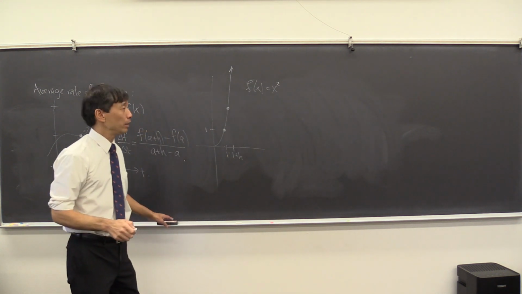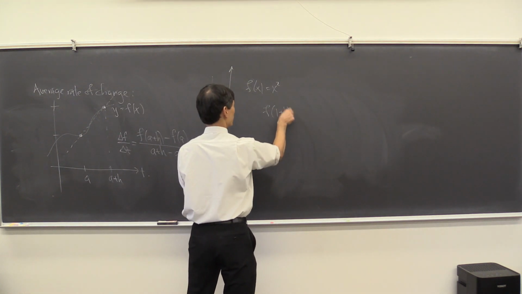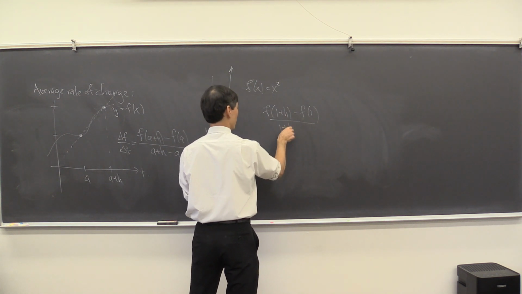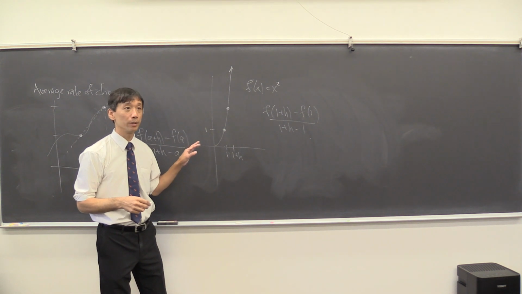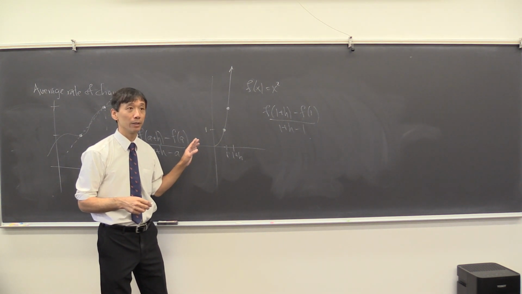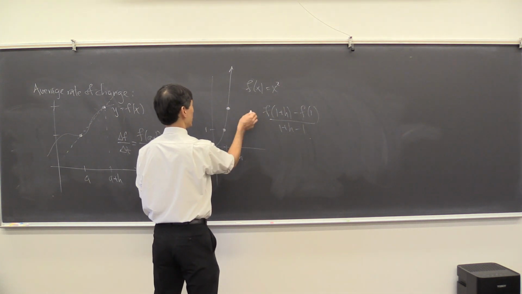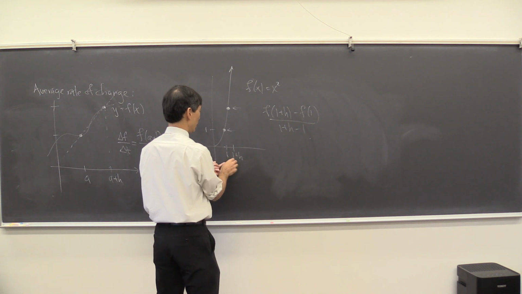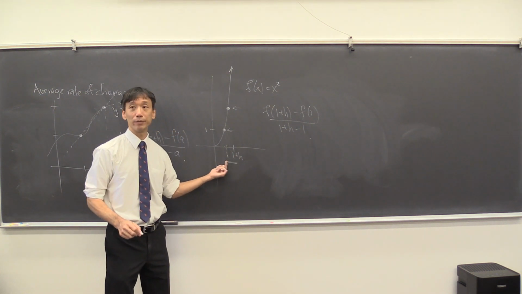How do we get that? Well, that's going to be f of 1 plus h minus f of 1 over 1 plus h minus 1. Everybody okay with that? So you take the function at the second point minus the function at the first point over the length of this interval, which is the point on the right minus the point on the left.